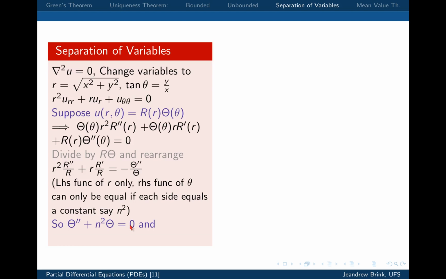And you also have that this part was equal to n squared, you multiply through by r, and bring everything to the left-hand side, and you're left with this equation. So we now have two ordinary differential equations that you can use, if you find their solutions, to construct the original u, which is a function of two variables.